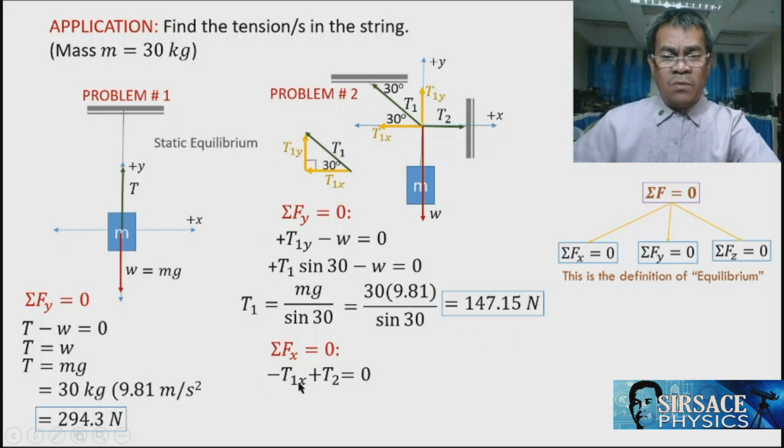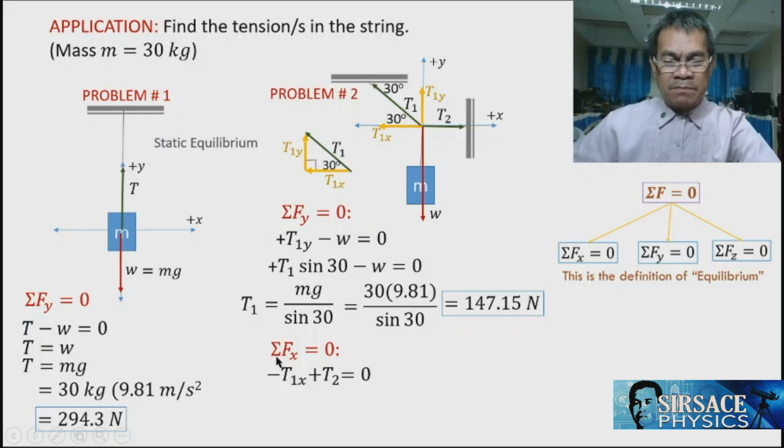Now, remember T1x. What is T1x? Okay. There's a discrepancy. Sorry, this is sine. This is T1y. So, this should be opposite over hypotenuse. So, this should be sine. Okay, so this is still 147.15.